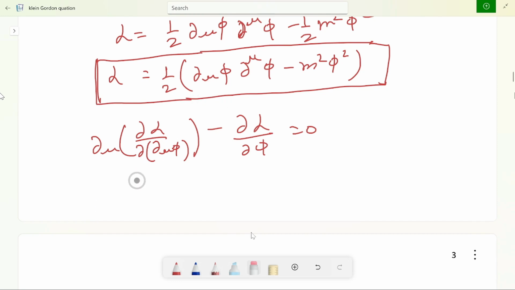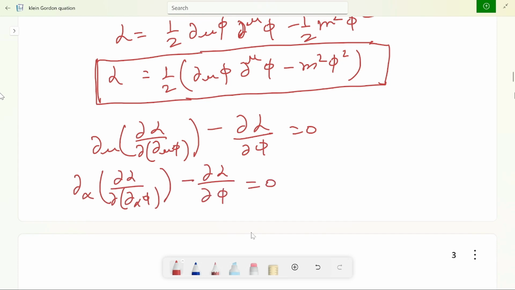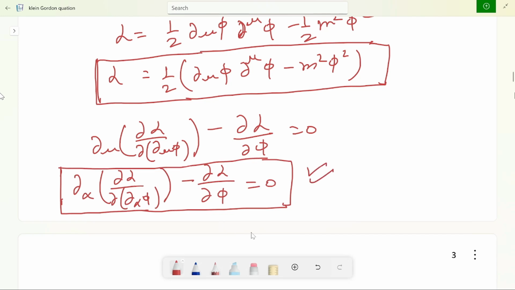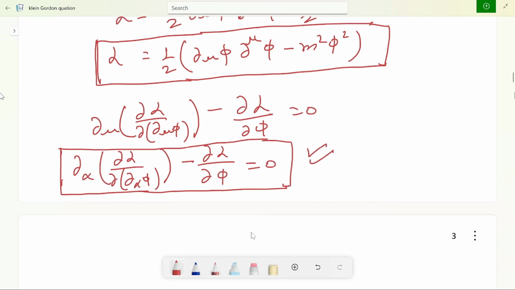So we are going to change things a bit, right? We would use a new index, say alpha, for the derivatives. So it would be d alpha dL by d d alpha phi minus dL by d phi is equal to 0. This is the form of the Euler-Lagrange equation that we are going to use for our derivation of the equations of motion for the Klein-Gordon Lagrangian.